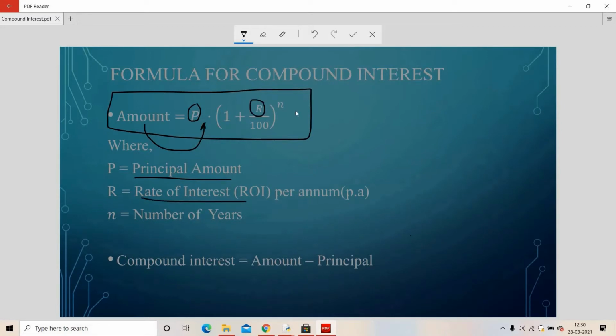R is the rate of interest per annum. N is the number of years for which we are investing money. So compound interest is nothing but the amount which we will get after a few years minus principal, which is the amount which we have invested.